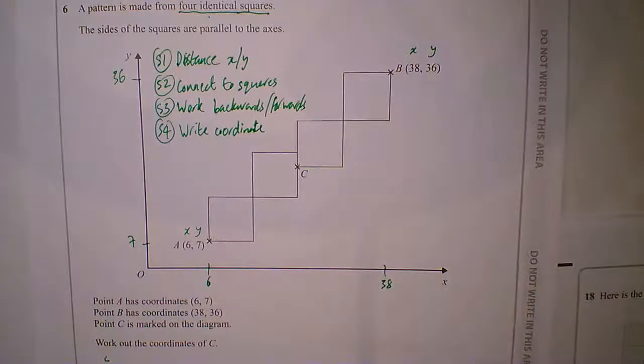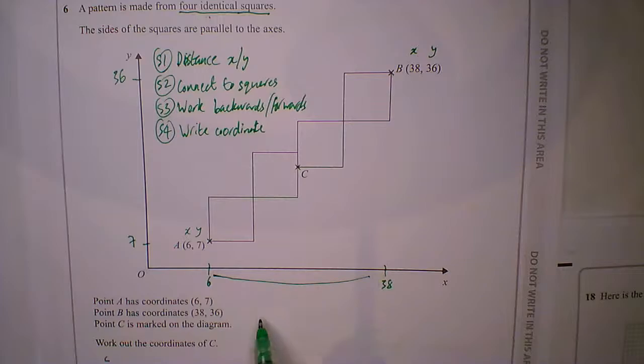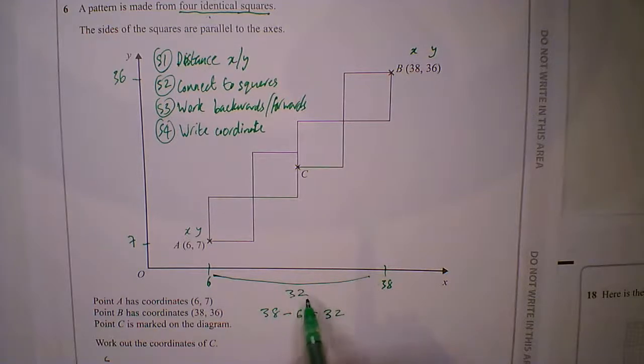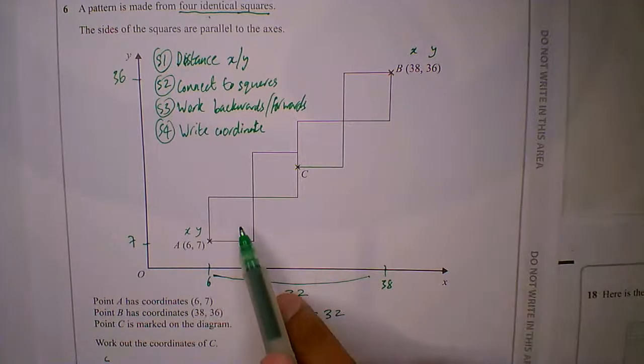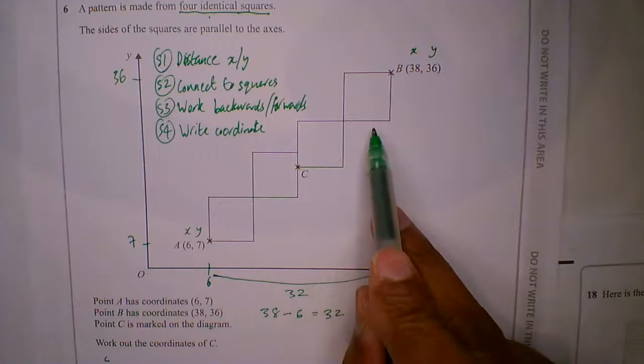Okay, so I've started this problem by saying I've got 6 here and 38 there. So what is this distance? 38 take away 6 gives me, 8 take away 6 is 2, so 32. So this is 32. So that's going to be interesting. So I've got 1, 2, 3, 4 squares.